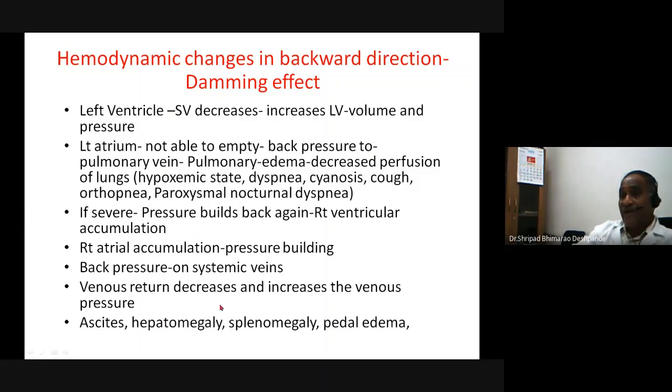Then we have hepatomegaly, because the portal vessels and the hepatic vessels may not be able to return. So the blood gets engorged in the liver, and that would produce hepatomegaly. And there is splenomegaly, because the mesenteric vessels are engorged, the spleen is getting enlarged, and you can see them as a pedal edema. Yesterday I showed the picture where we have the edema of the foot. So these are the damming effects.